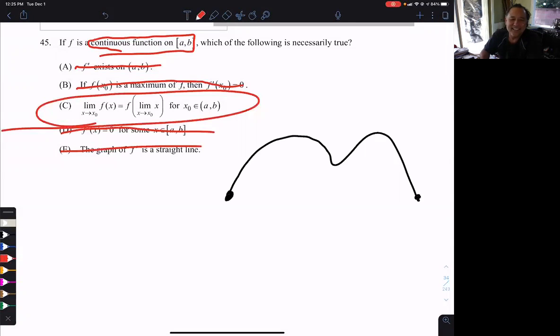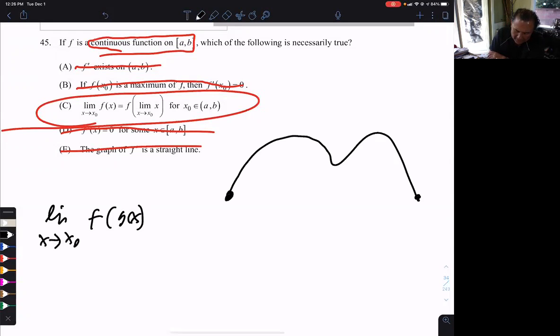No, we're not done. Why C? This was in chapter 2. You had a theorem on the limit of a composition of functions, okay? You actually had a theorem that says if you have f of g of x and you want to take the limit as x approaches x naught, the theorem said it actually equals f of the limit of the inside function.